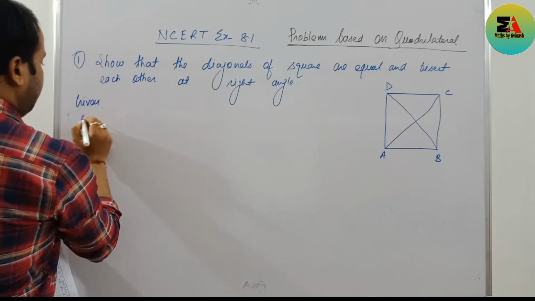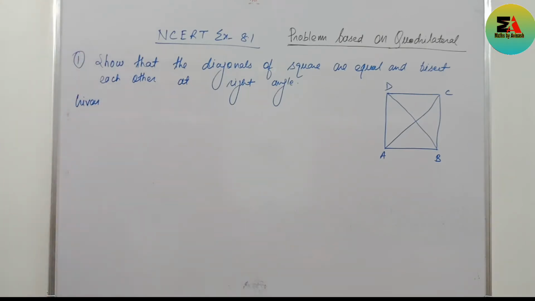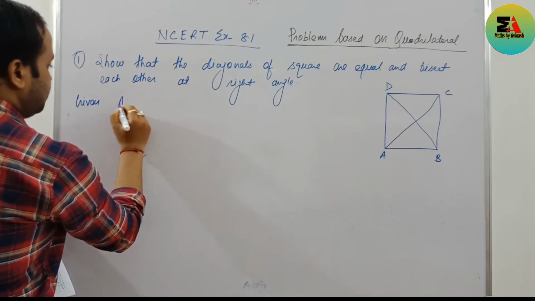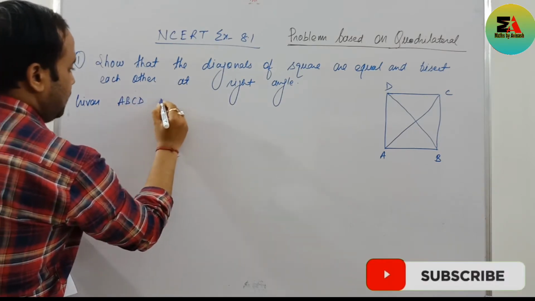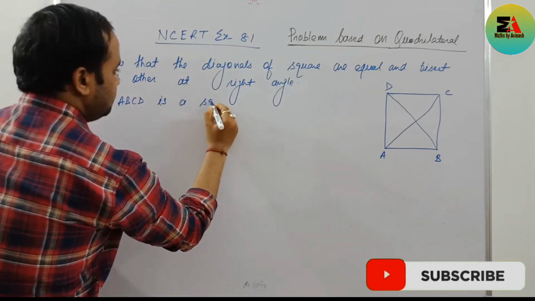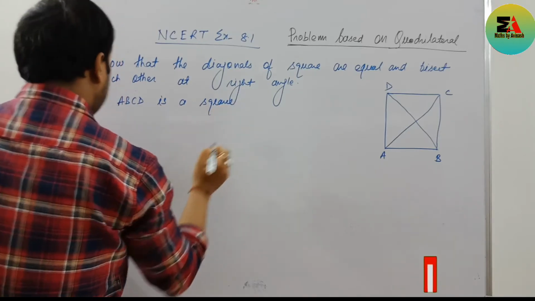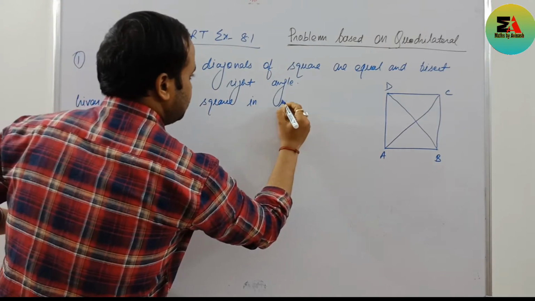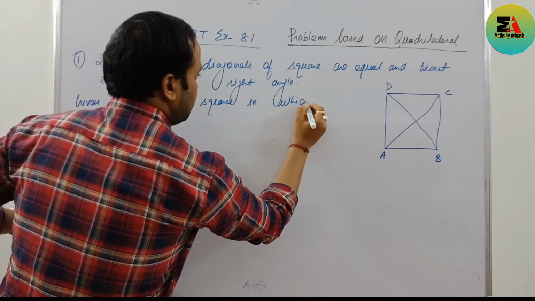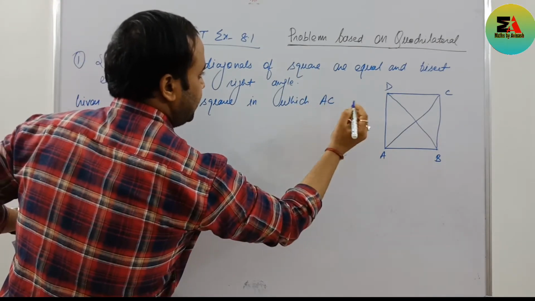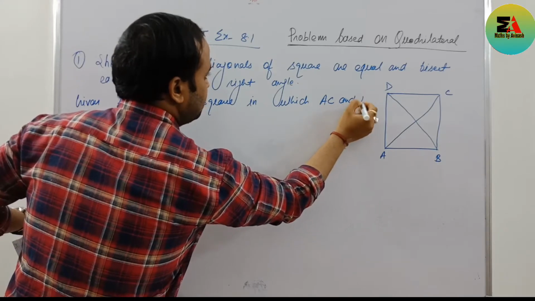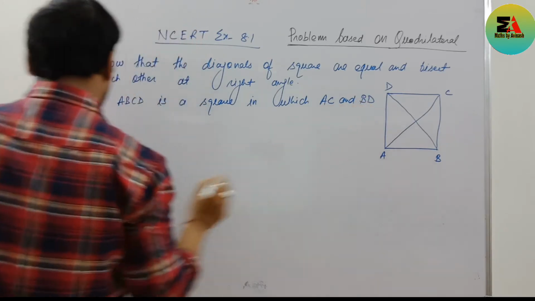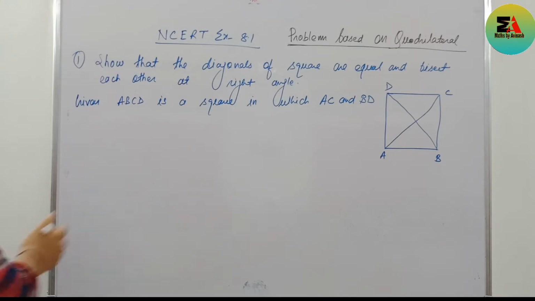First we'll write the given. What is given? ABCD is a square in which AC and BD are diagonals.